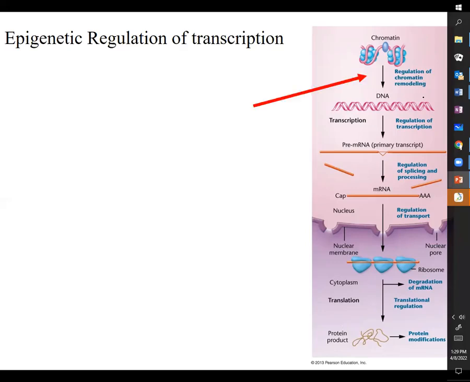So let's start up at the top. Regulating access to the DNA. And this is generically referred to as epigenetic regulation. And it's going to regulate whether or not transcription can occur.